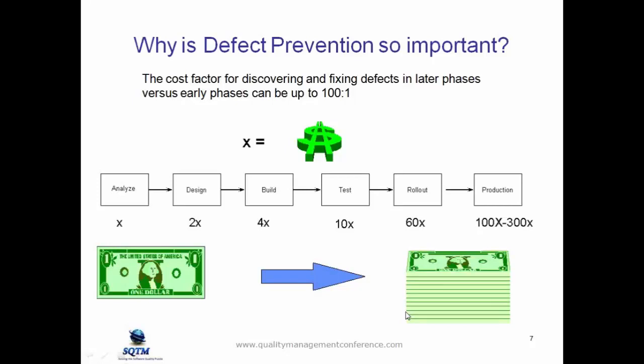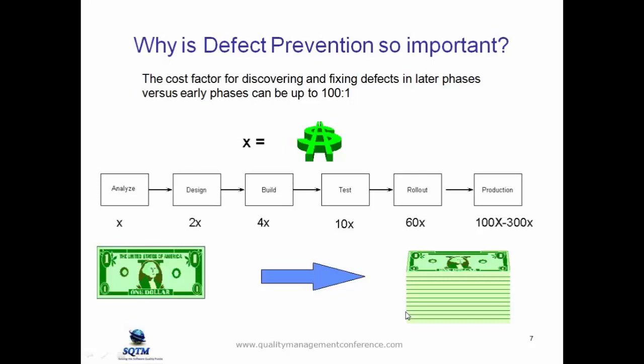It's really the amount that it took you to create it. But to find that same defect in design, you're typically going to pay twice the amount of resources to fix it once that defect leaks to design versus 4 times when it leaks to build. If you don't find that defect until you get to your formal testing phase, the typical cost is going to be 10 times the original cost of that defect.